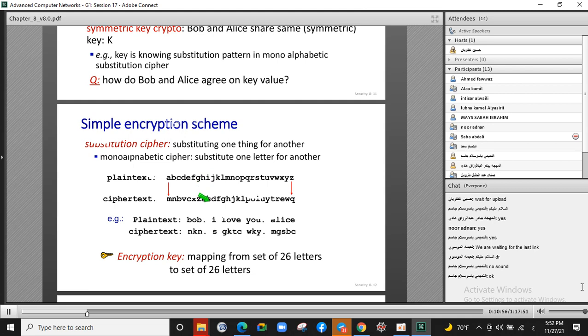Instead of I, I'm replacing it with S. Instead of L, we are using G. We just substitute each character by a new one, based on this strategy. This is the key for substitution, the key for encryption. We are replacing one character by another one.